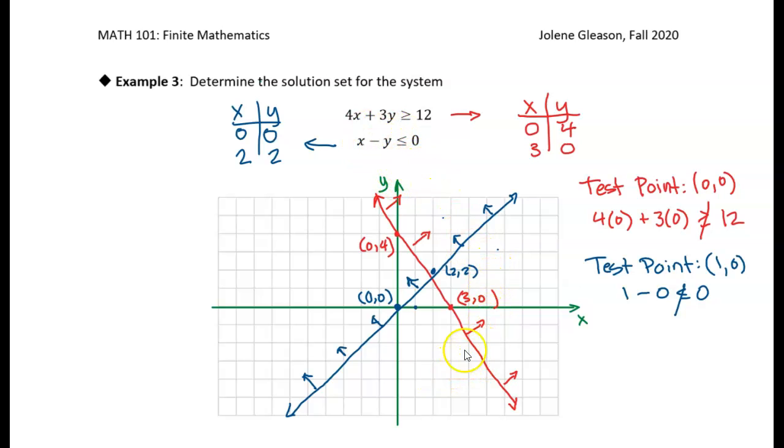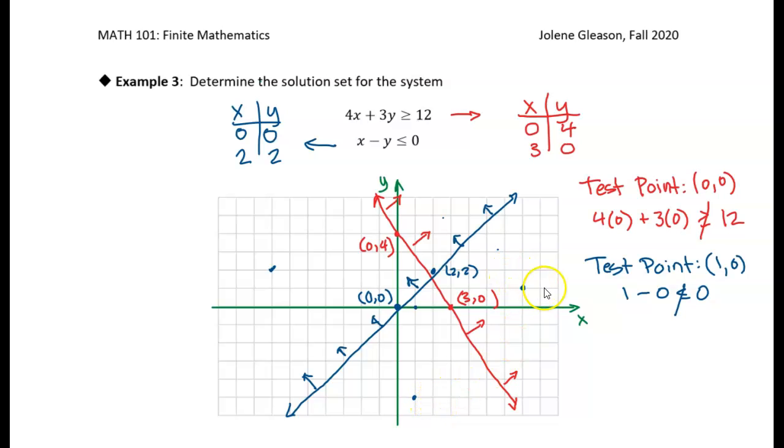Now, I know that it has to be on the upper side, above the red line and, I guess, above the blue line. So if I pick this point over here, it would satisfy the second inequality, but it would not satisfy the first inequality. If I pick a point down here, it's not going to satisfy either one of those inequalities.